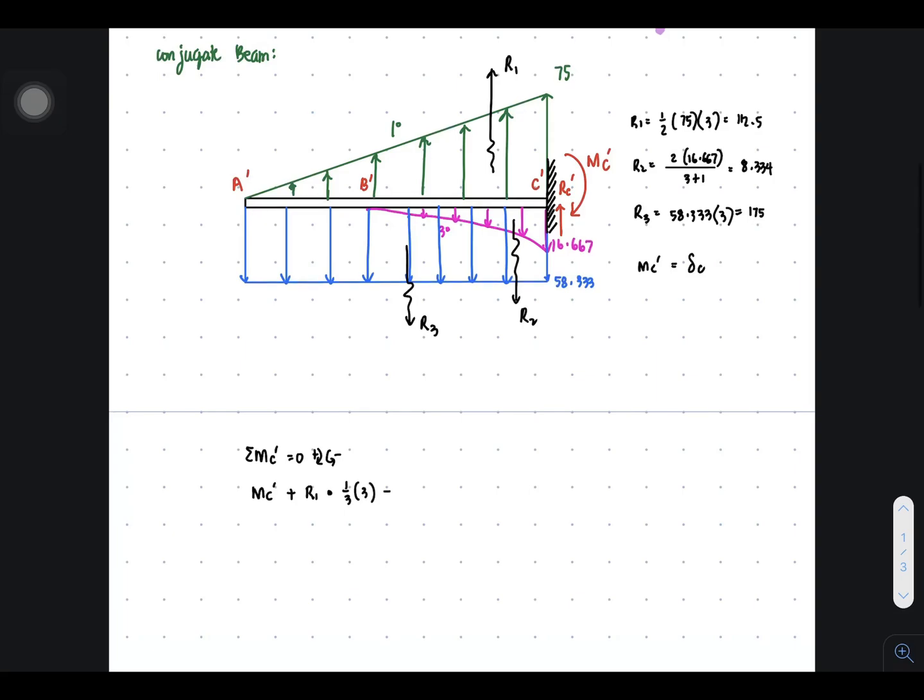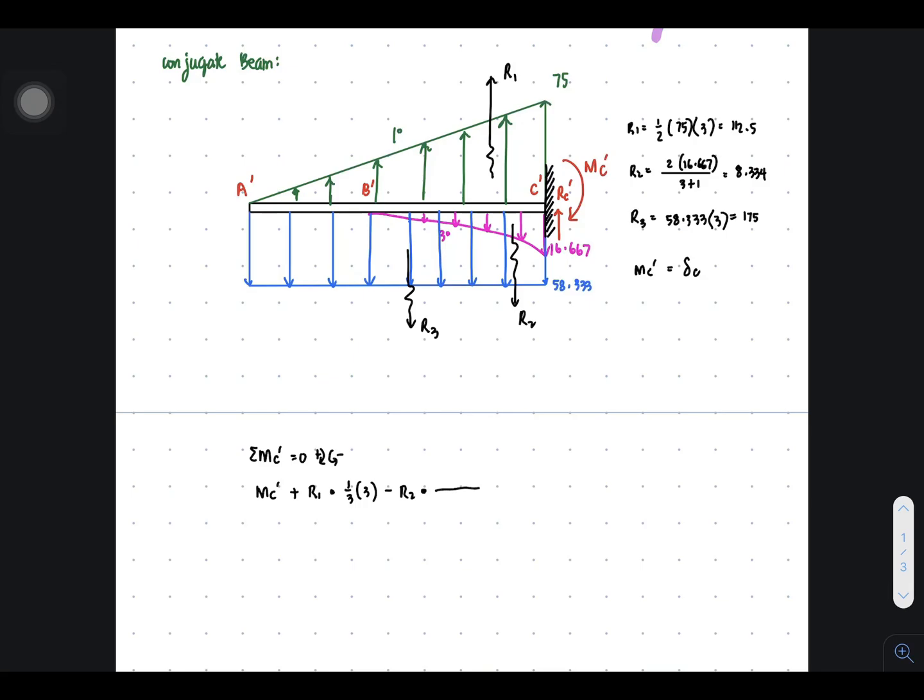Then minus R2 times, for a spandrel, it's going to be base of 2 divided by 2n, which is 3 plus 2.